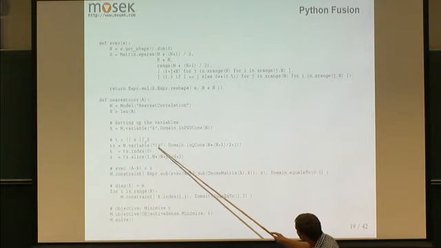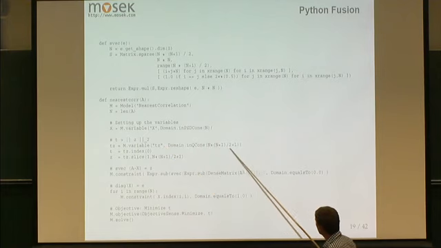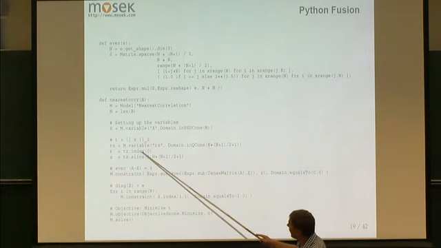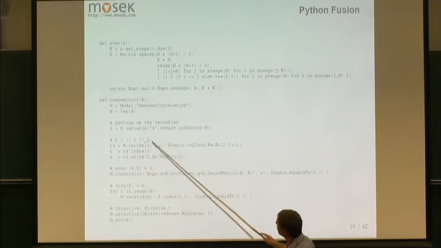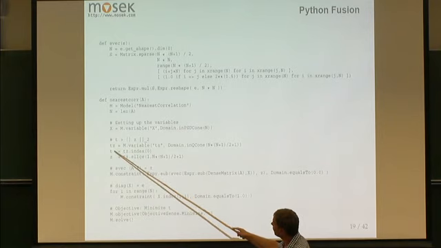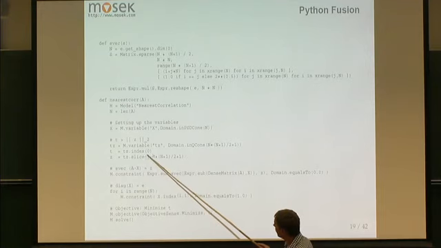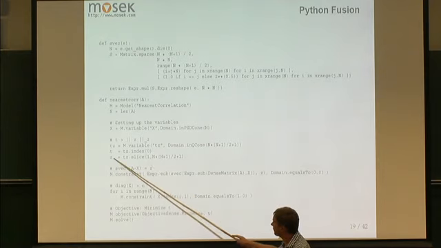And so what I'm saying here is that I'm creating a variable I call t z, and it has to be in a quadratic cone, and the dimension of the quadratic cone is like this. Okay? And then, just for notational purposes, the first element in this variable I call t, and the elements from 1 up to the last element in the vector I call z.